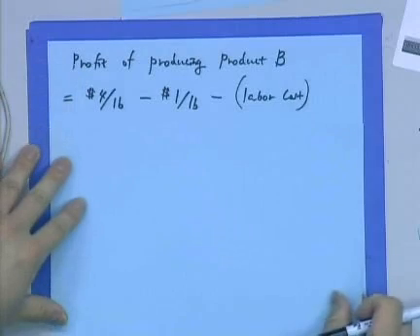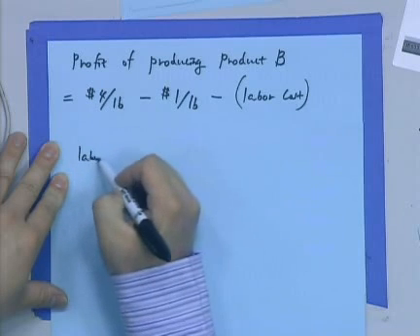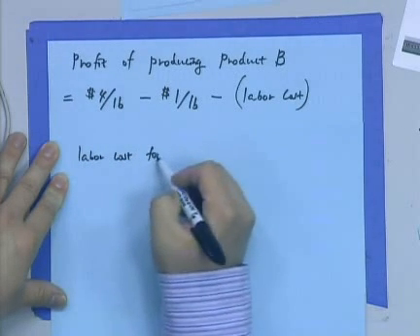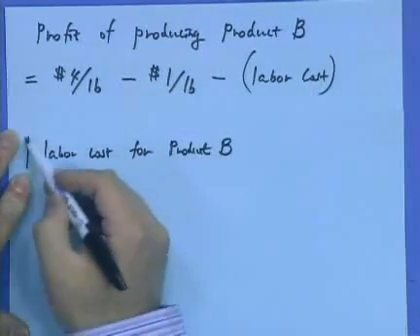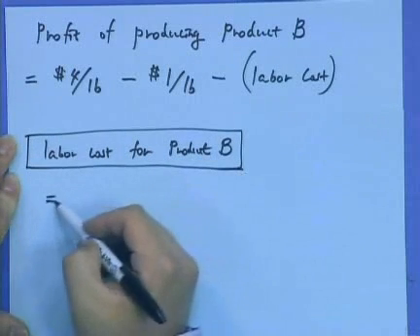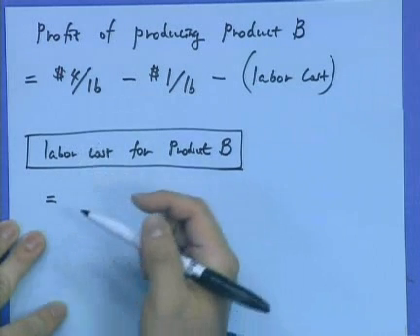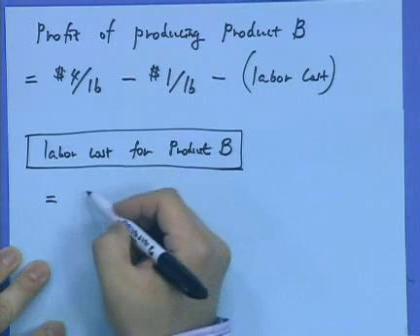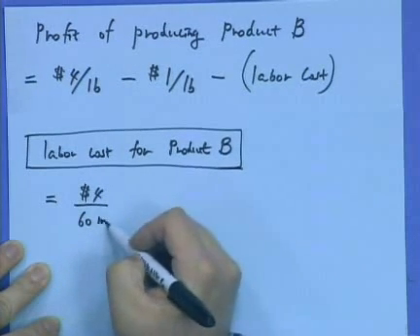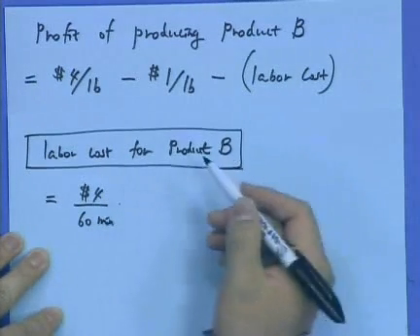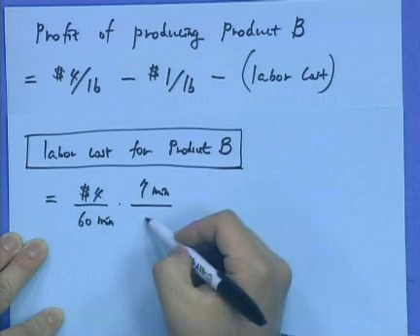And again, the labor cost for product B is, for the first machine, machine number 1, the variable labor cost, which is $4 per 60 minutes times 7 minutes per pound, right?